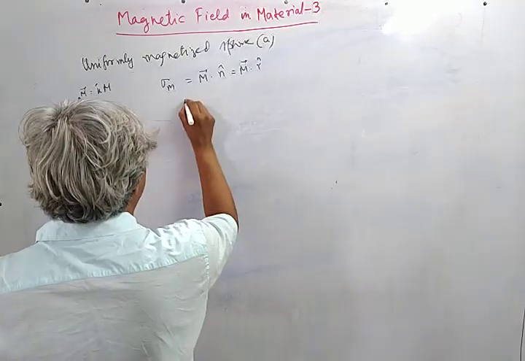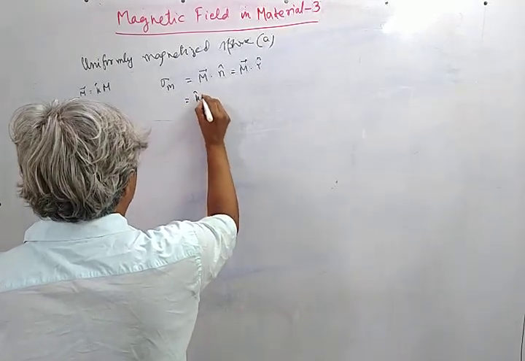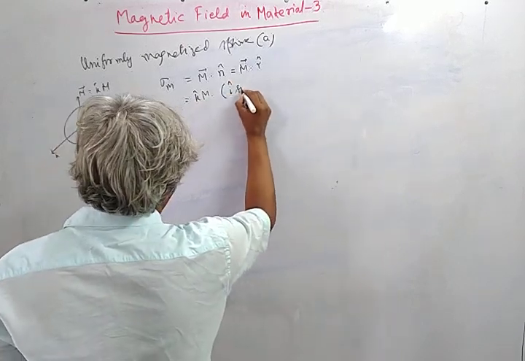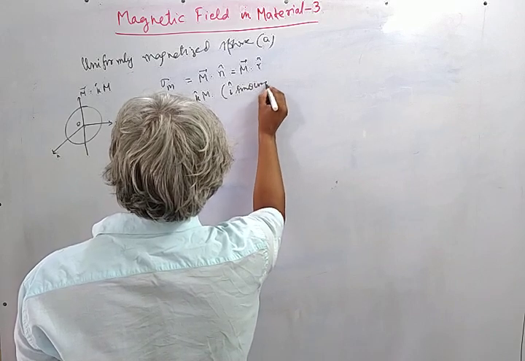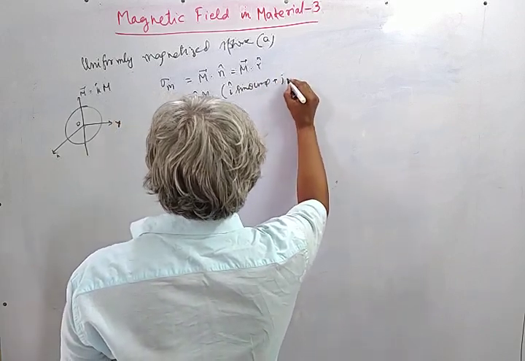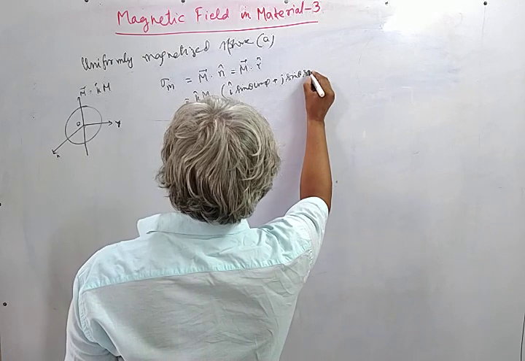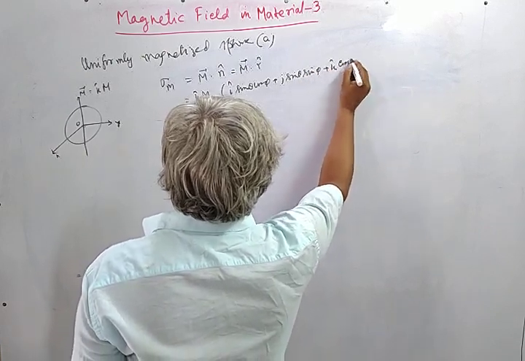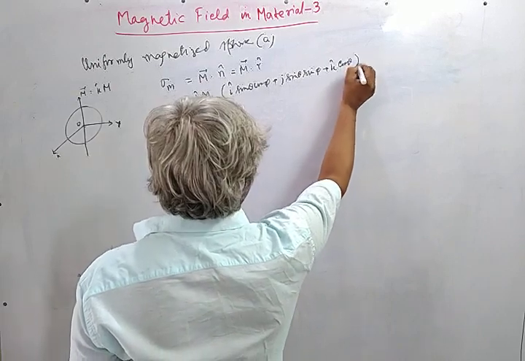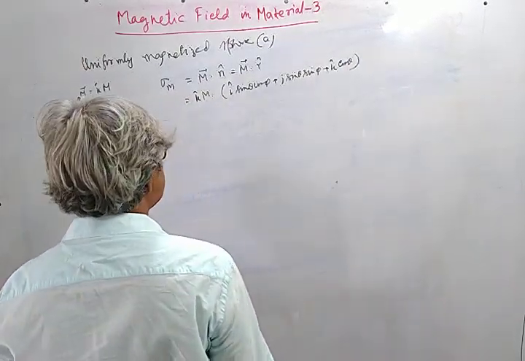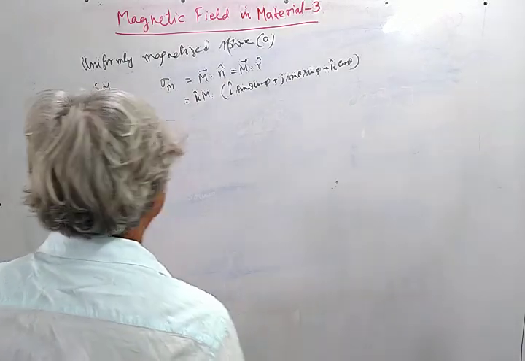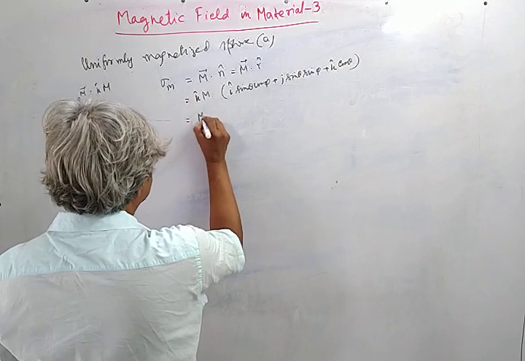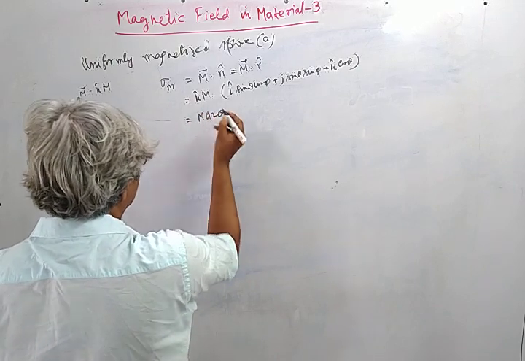So this is equal to k cap M dot i cap sin theta cos phi plus j cap sin theta sin phi plus k cap cos theta. So this is equal to simply M cos theta.